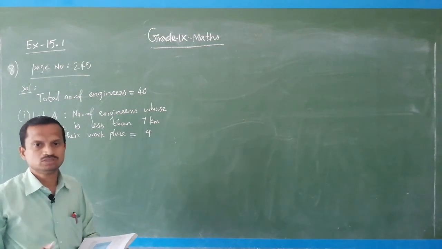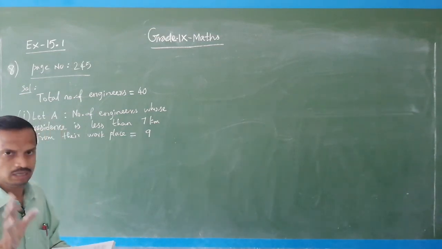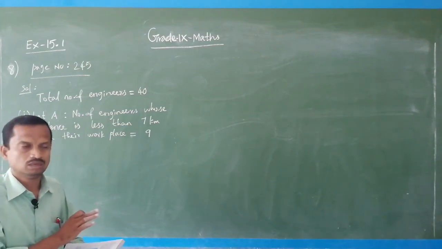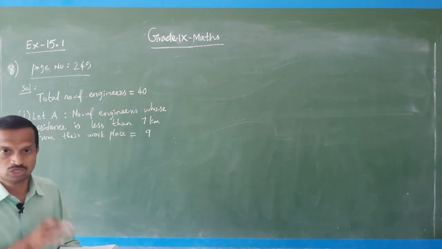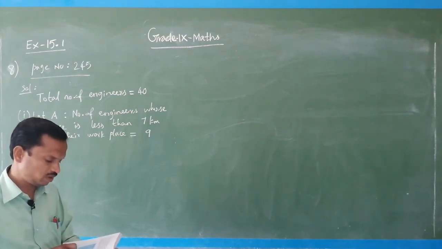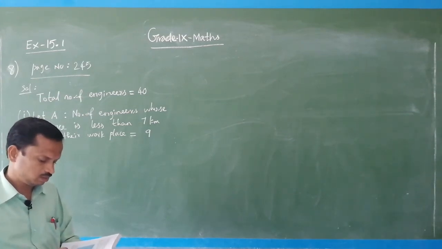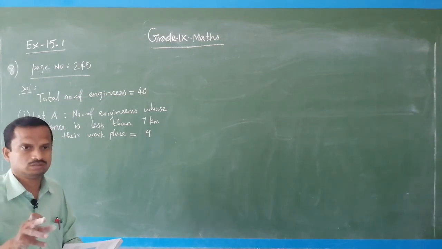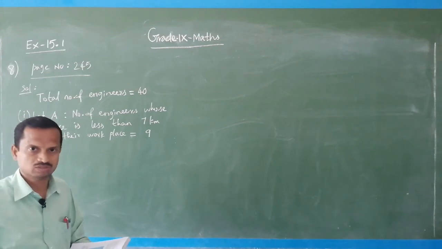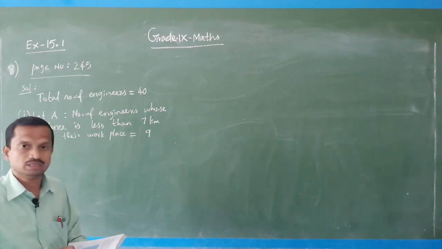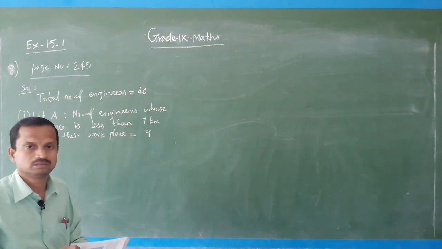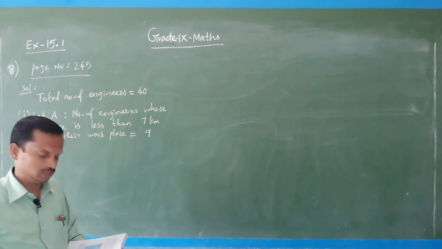So, the engineers are working in a place, and the distance from their residence, in kilometers, was given there. So, starting from 5, 3, 10 like that, the residence distance of the 40 engineers from the workplace is given. Okay. So, it is easily visible. So, you can collect the data for this question.